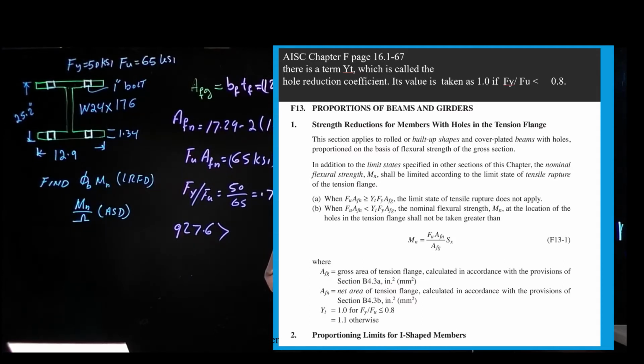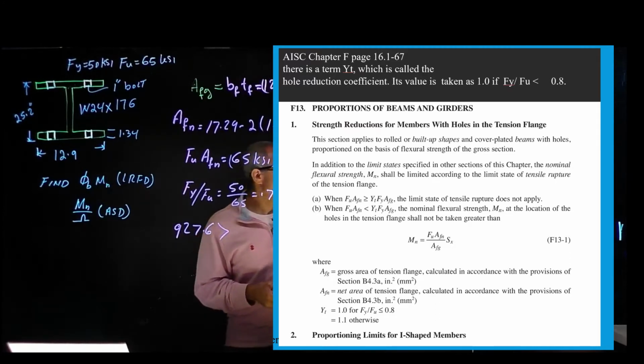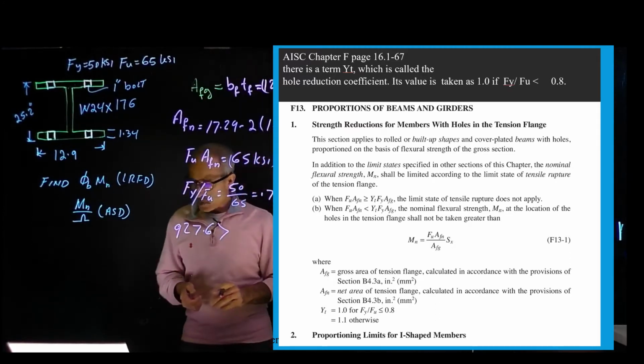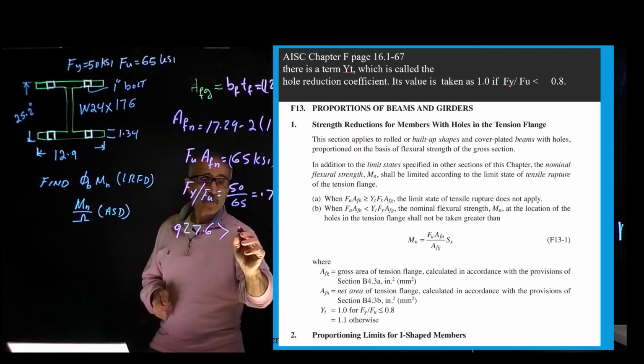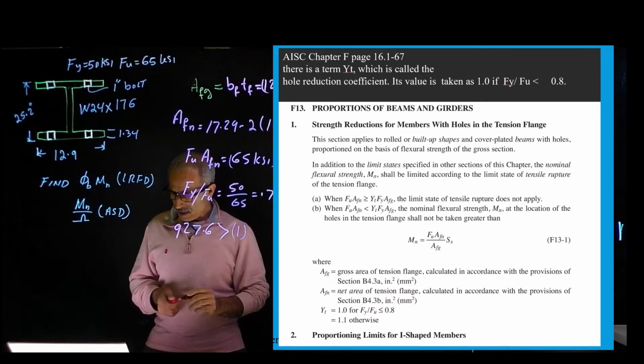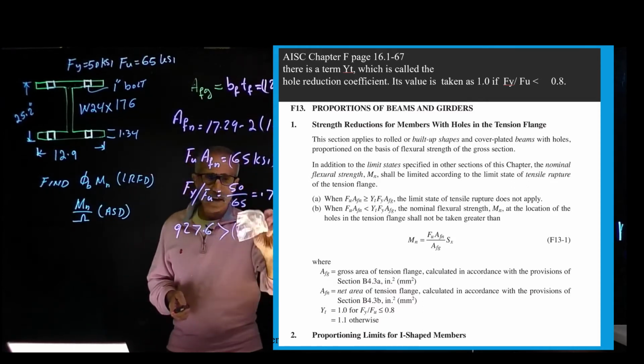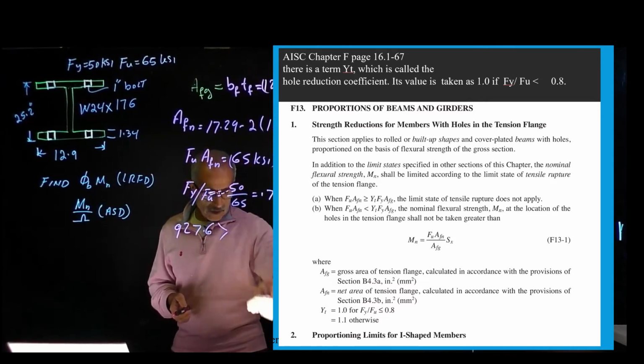That's either item A or item B, so which one is going to be satisfied? We're going to calculate that. YT came out to 1, and let me write this down, that way we know what we're doing.